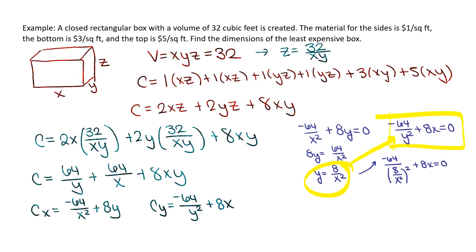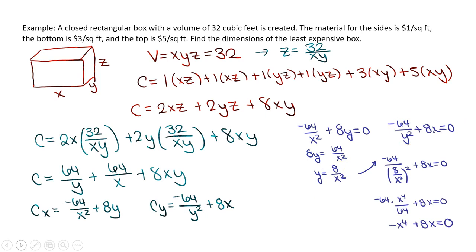So negative 64 divided by y squared. So negative 64 over 8 over x squared, squared, plus 8x has to equal 0. Let's simplify and solve that.